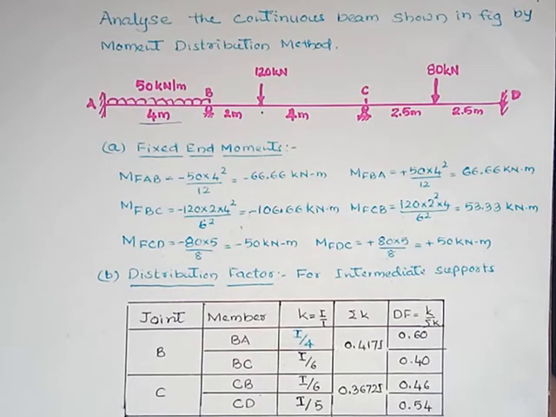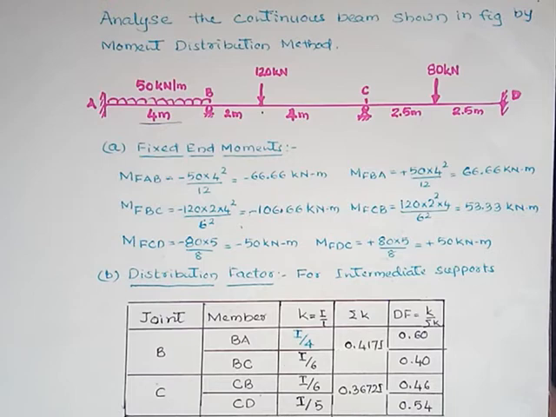Here at joint B, in the slope deflection method we have studied that joint B must be in equilibrium. That means the sum of the moments must be 0 at joint B. Observing these two moments, this one is plus 66.66, this one is minus 106.66.